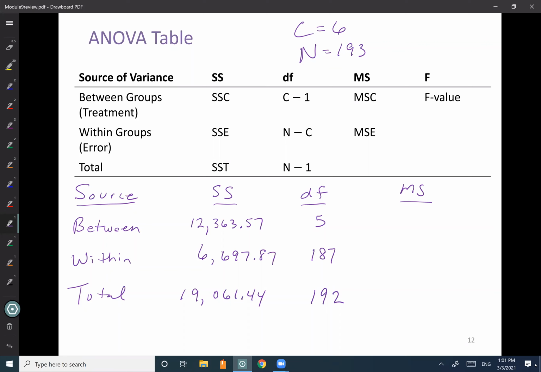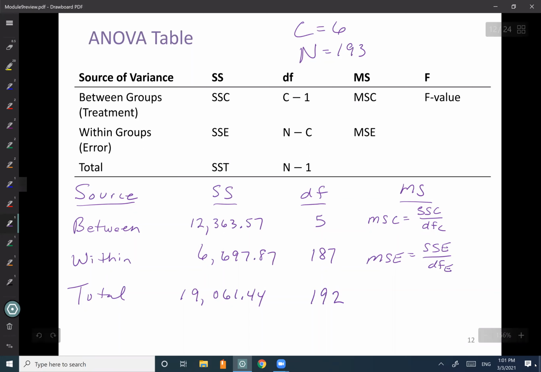And then it's correct. And then for the MSC, that's going to equal the sum of the squares for the between divided by the degrees of freedom for the between. And the MSE is going to equal the sum of the squares for the error divided by the degrees of freedom associated with the error.